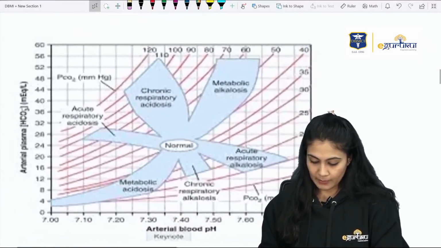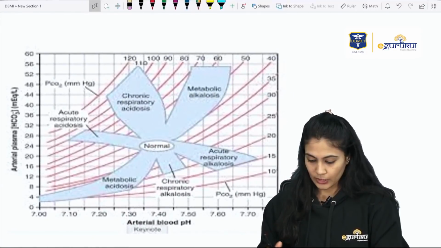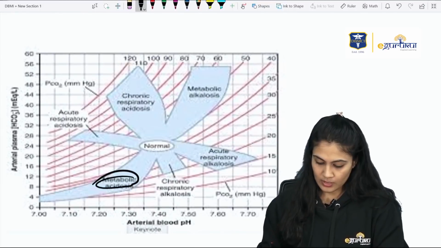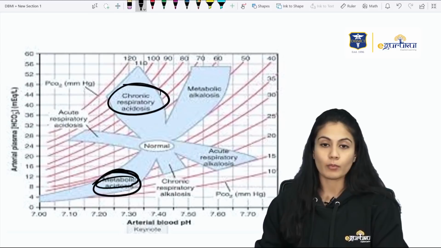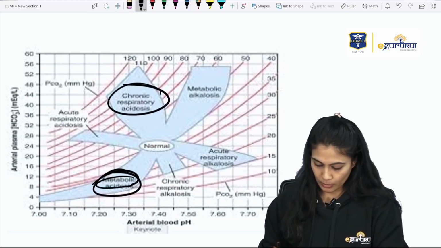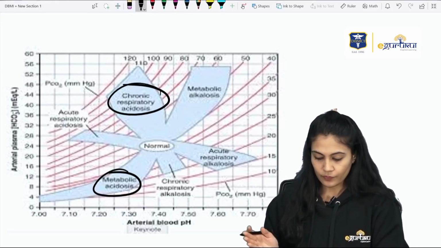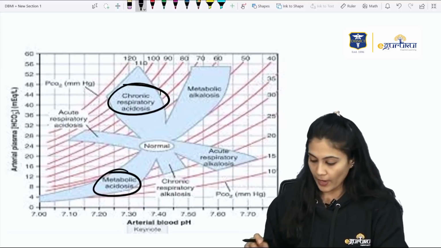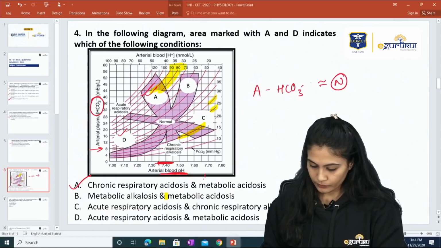A similar diagram is shown over here. So, A was chronic respiratory acidosis and D is metabolic acidosis, right? The PCO2 values are increased, right, in the format A, right?